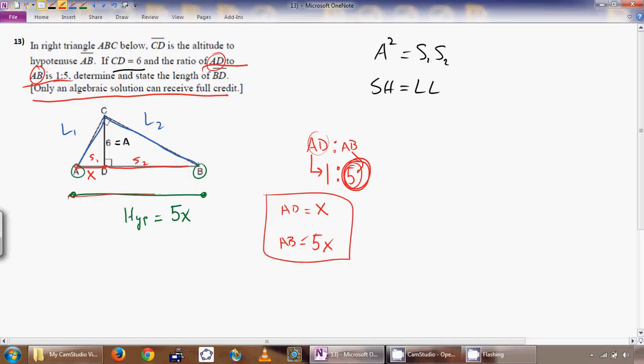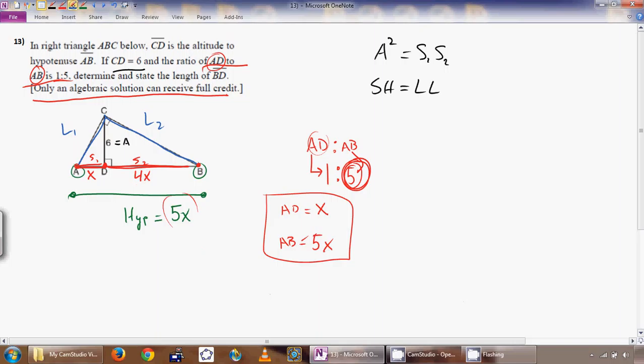Well, if this total distance is 5x and this distance here is x, that leaves 4x left for D to B, right? Because x plus the 4x gives us that total 5x. That's the trick, is you might put 5x here and you'd be incorrect.